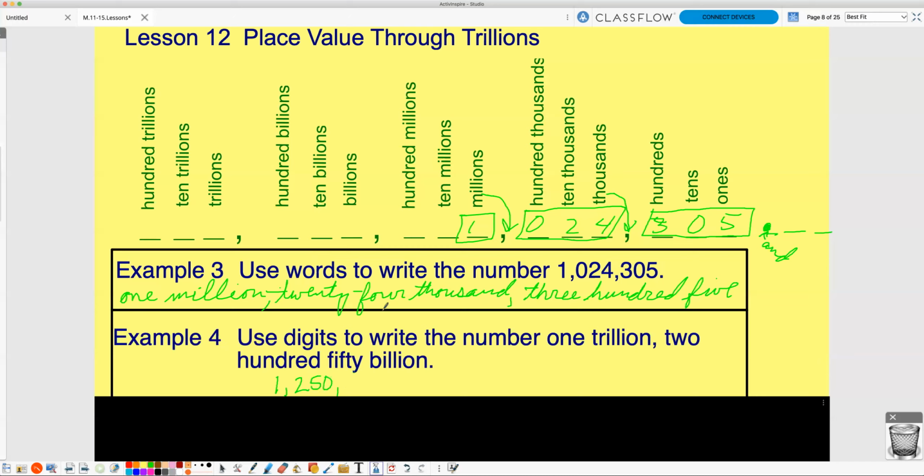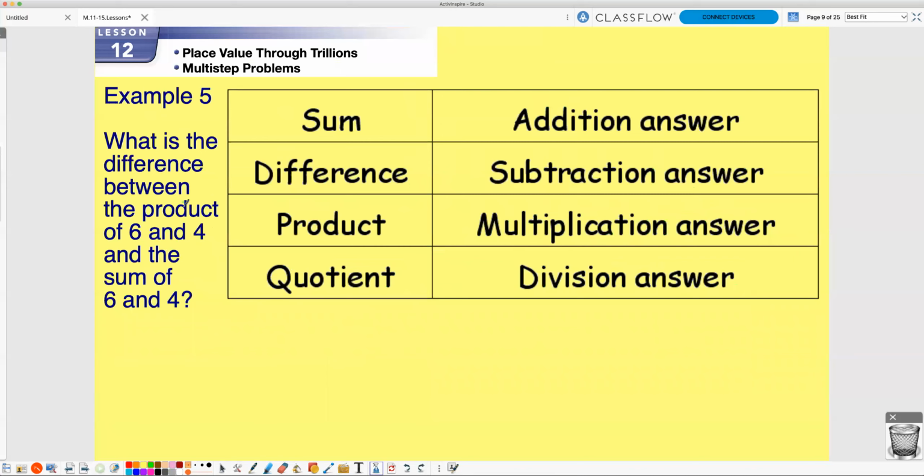And then billion means I have to have 1, 2, 3, 4, 5, 6, 7, 8, 9 zeros after it. So there's 3, 6, and I have 9 zeros after it. So there's the digits to write the number 1,250,000,000,000.